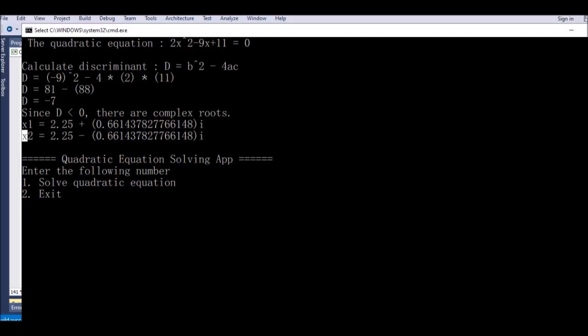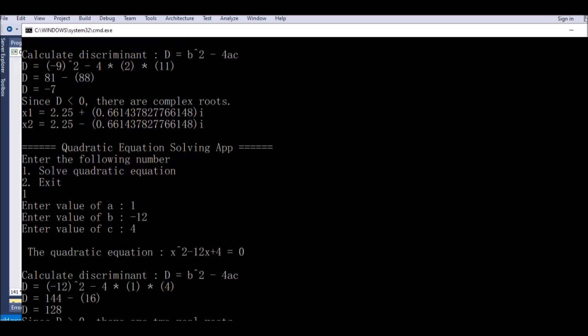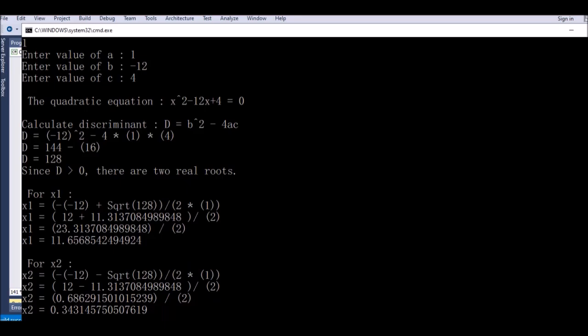So the next, for example, I want to calculate this. I just put 1 and minus 12 plus 4 like this. So when I put 1, minus 12 and 4, my equation will be like this one: x squared minus 12x plus 4 equals 0.